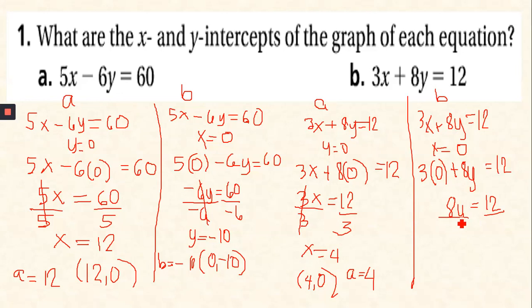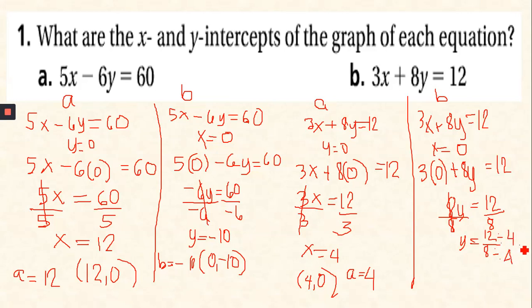Dividing both sides by 8. So 8 divided by 8, that is 1. So y now is equal to 12 over 8. 12 over 8, can we divide exactly 12 by 8? No. So let us try to write the given fraction in its simplest term. So what is the common factor of the numerator and the denominator? That is 4.